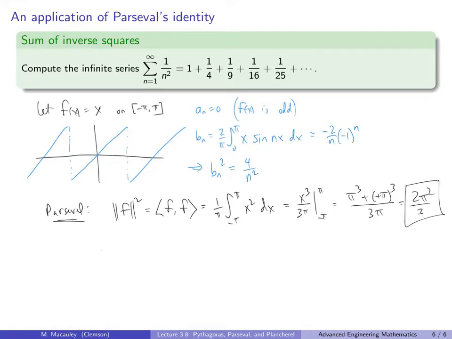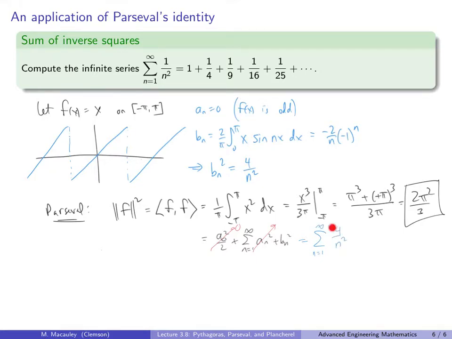And Parseval's identity says that this is equal to a naught squared over 2 plus the infinite sum from 1 to infinity of a_n squared plus b_n squared. And what is that? Well, the a_n's are equal to 0, and the b_n squareds are equal to 4 over n squared. So we have the sum from n equals 1 to infinity of 4 over n squared.